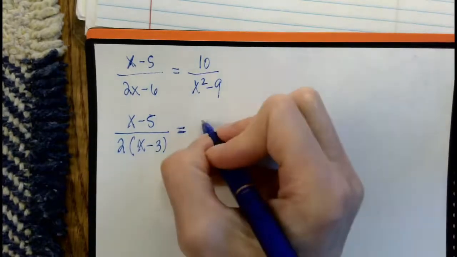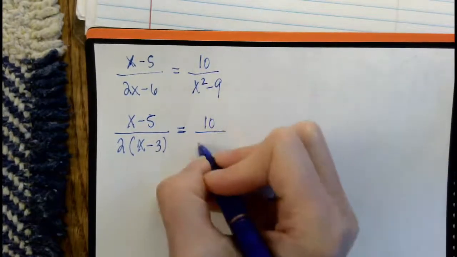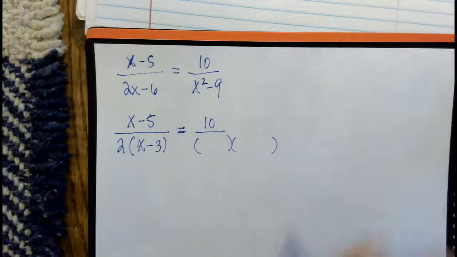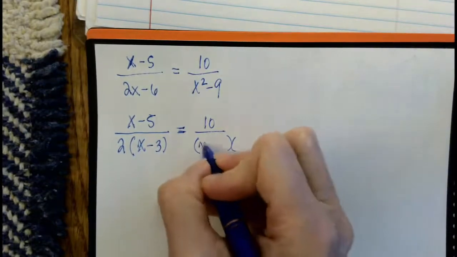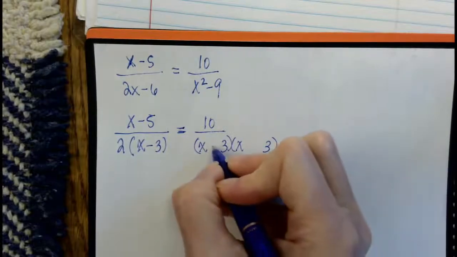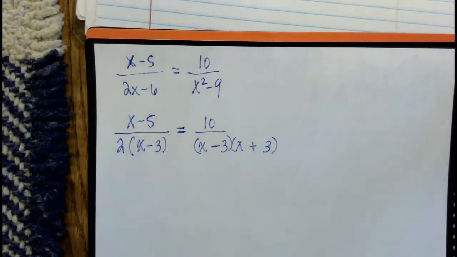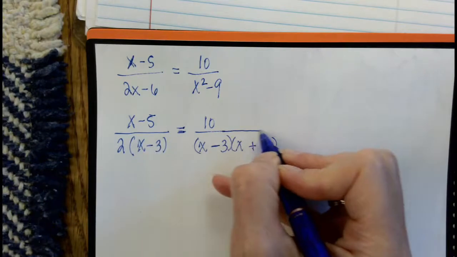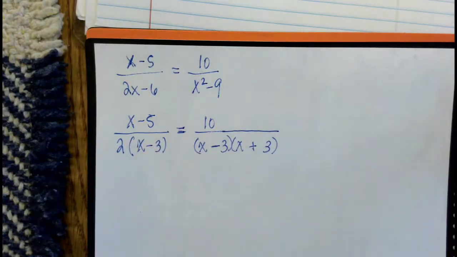Over here on the other side, x squared minus 9 is the difference between two squares. x squared is x times x, 9 is 3 times 3, difference between two squares, different signs. So there are the denominators written out a little bit more, which is helpful.